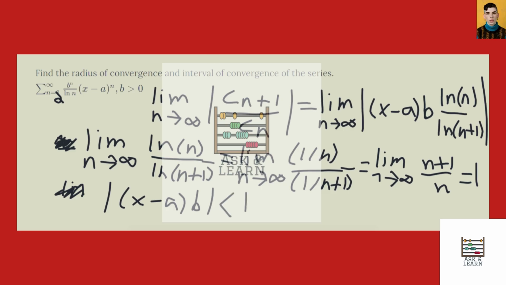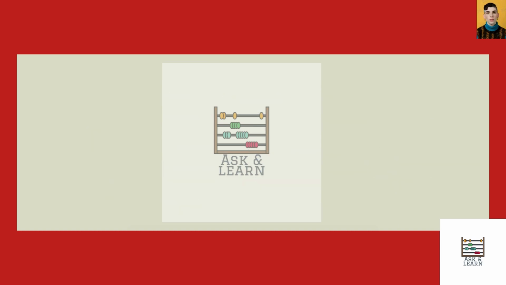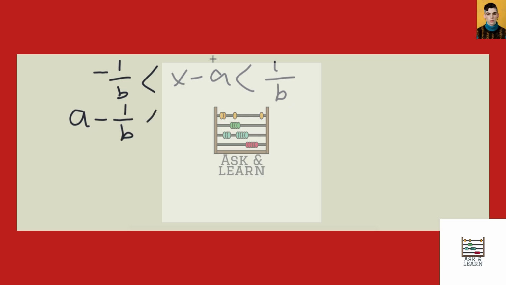So we can multiply both sides by 1 over b, and then we get the absolute value of x minus a is less than 1 over b. So x minus a is trapped between minus 1 over b and 1 over b. So we can add a to both sides and get a minus 1 over b is less than x is less than a plus 1 over b.